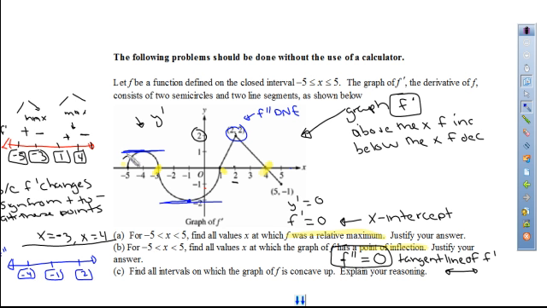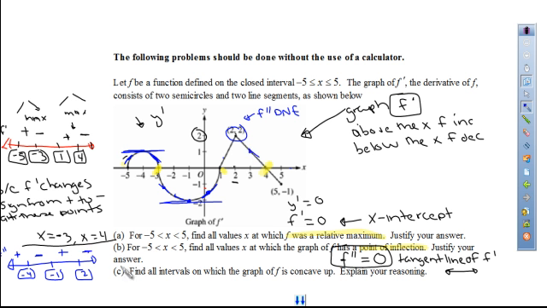Notice that my tangent lines are positive, so I'm positive to the left of negative 4. My tangent lines are negative to the right of negative 4. So notice I'm still going down, and then I'm going up again. So I'm at positive, and I'm still positive, and to the right of 2 I am at negative.